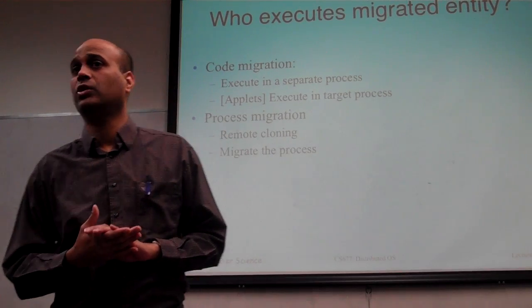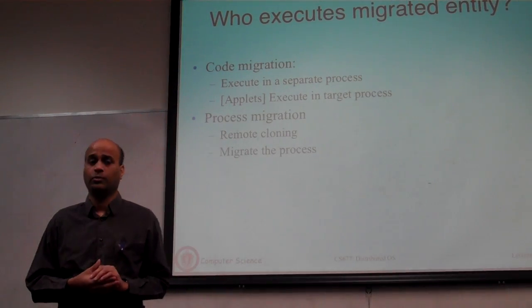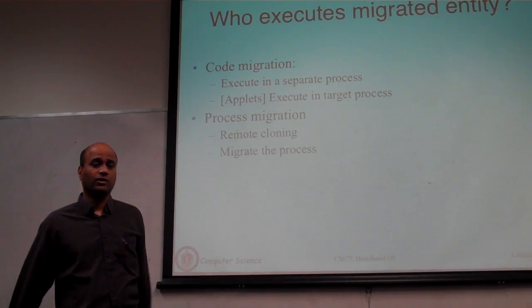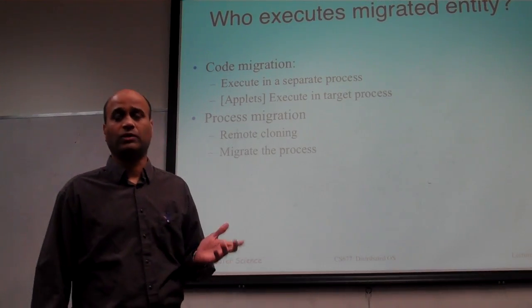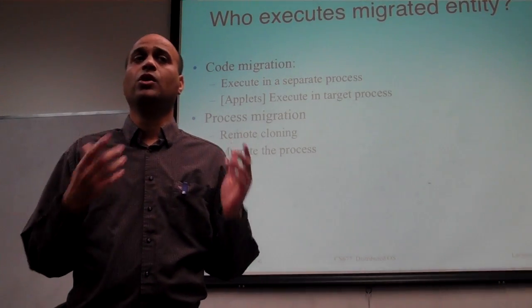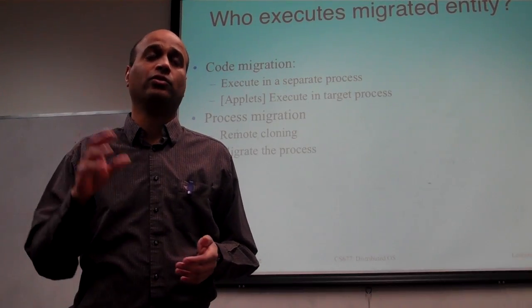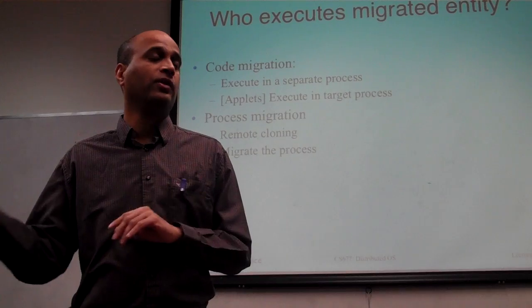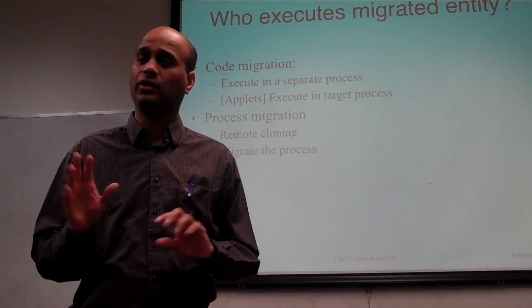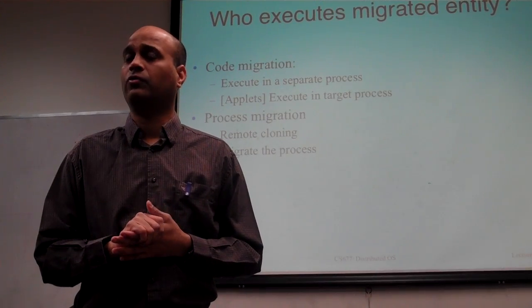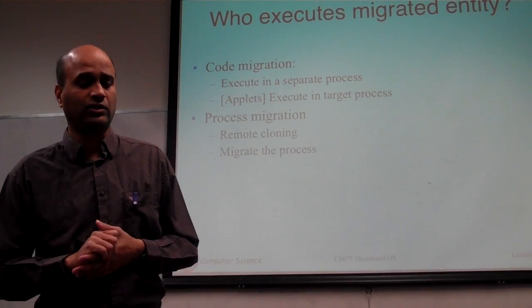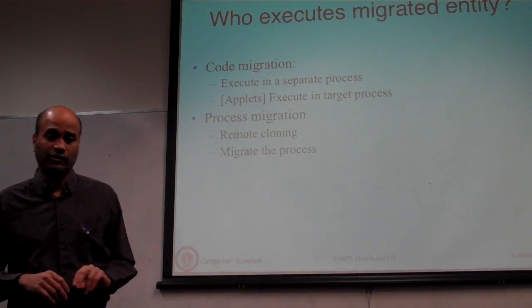This is referred to as cloning or mirroring of the process. The other one is basically you migrate the process, which is you may copy its state, you can copy it to disk and then load it somewhere else, or you can do just copying of the memory pages and so on. They are sort of the same in what they are trying to achieve, but these are the two techniques that are available.